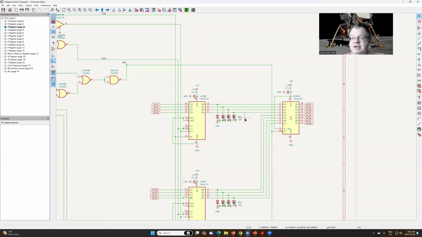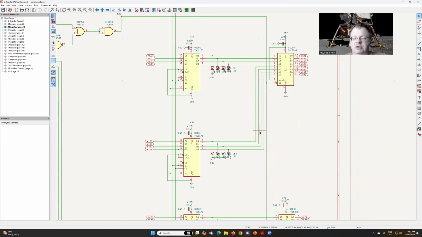For some reason, my computer does not like buses in KiCad, and every time I tried using them, it would crash. I lost files several times. And so I said, okay, I'm just going to draw out each and every connection separately. So it does make things a little bit messier, but it works.